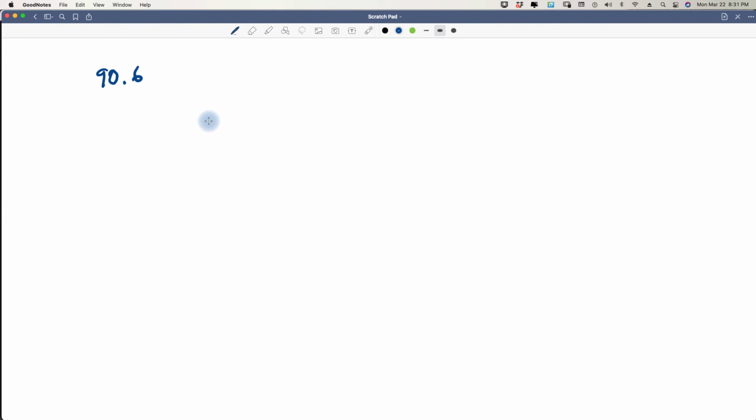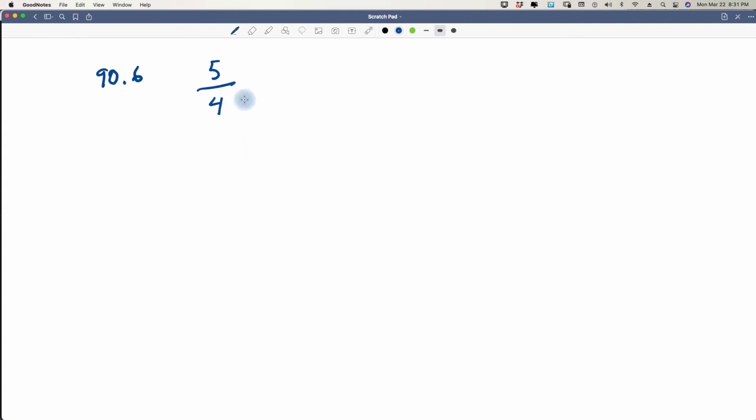And we are told that the ratio, so we're dealing with a fraction, the ratio of two numbers is 5 to 4. And the sum of the numbers is 63. What are the numbers?